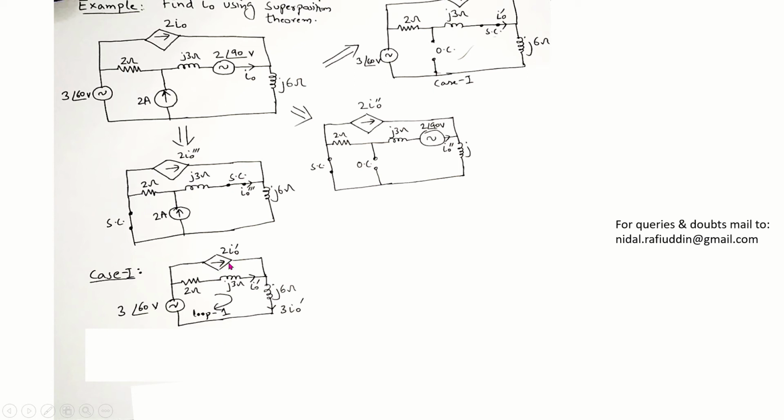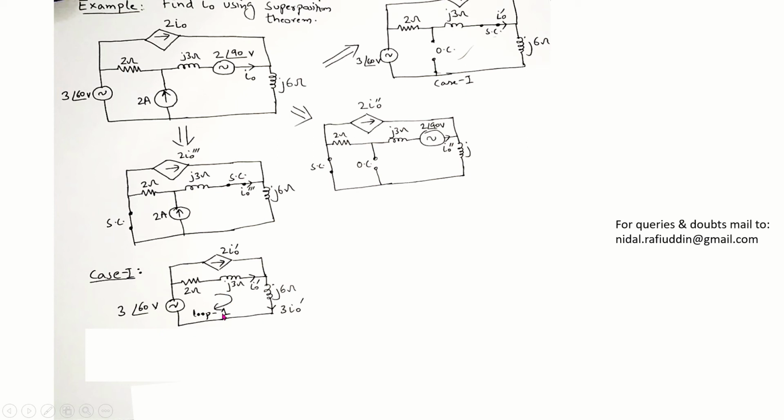Suppose you're given 2 I naught dash, and I naught dash is through this branch. Then at this node, applying KCL, the current that goes from this node through this branch would be I naught dash plus 2 I naught dash, that is 3 I naught dash.